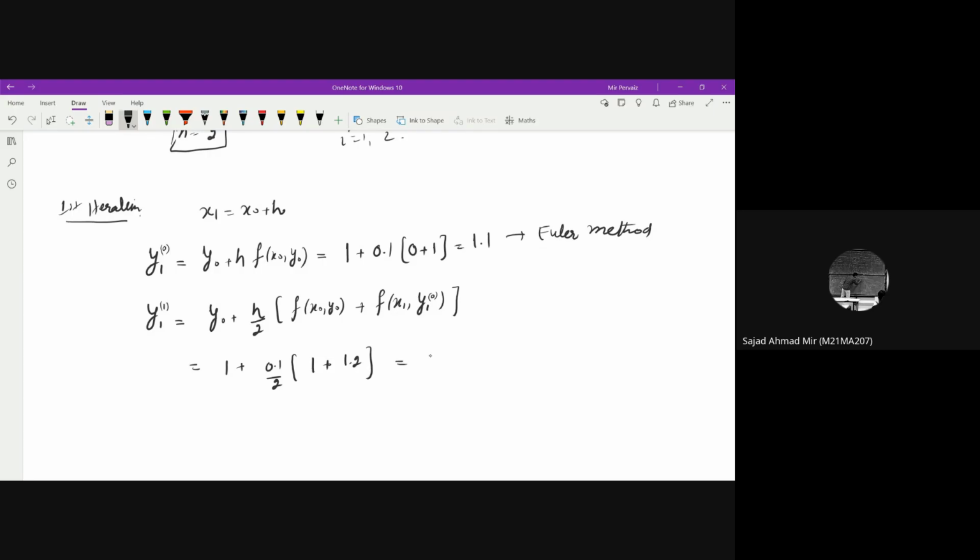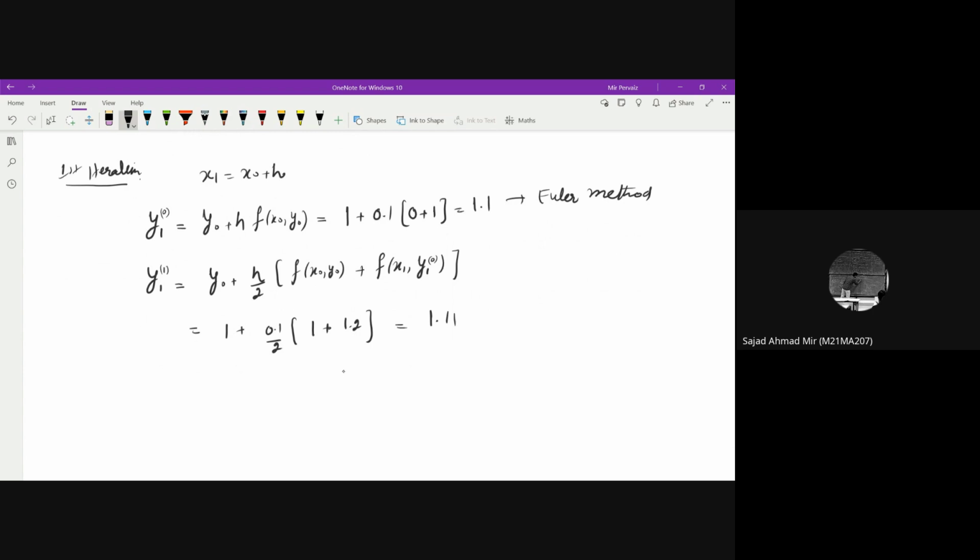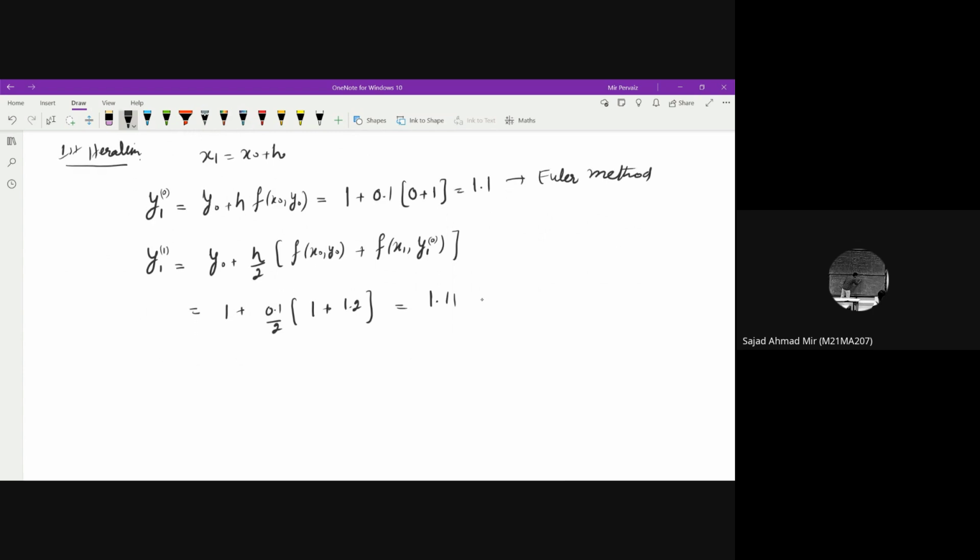What is this value coming out to be? 1.11. Now you can again improve the accuracy at this point. Next time you use this value as your approximation and increase the accuracy at a single point with the modified Euler's method. So this 1.1 you were getting with the Euler's method, and now the modified Euler's method is giving you this.